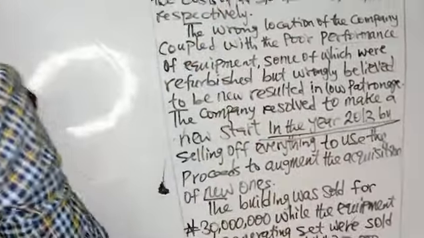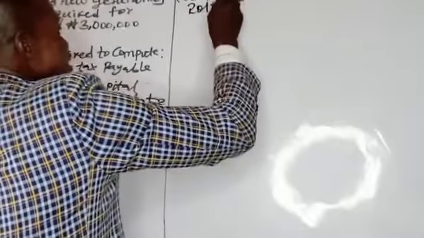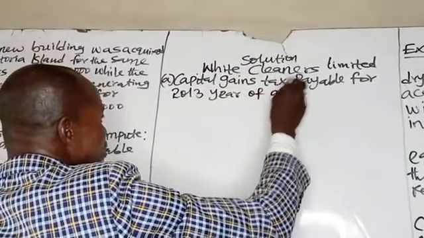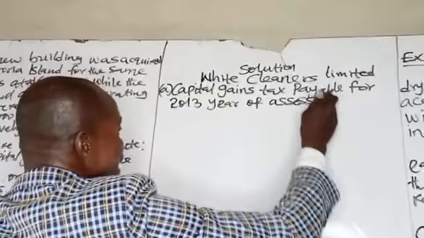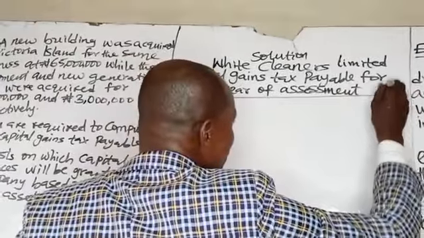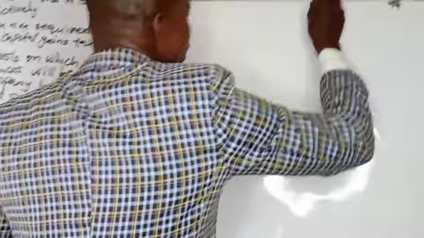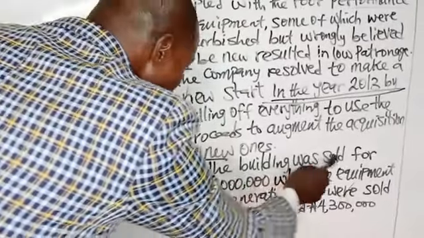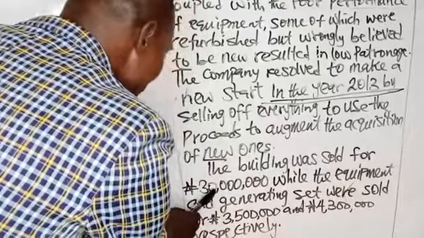So you now put 2013 year of assessment. Now, the first asset that was sold, the building, was sold for 30 million naira.